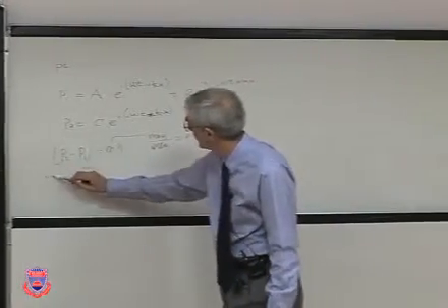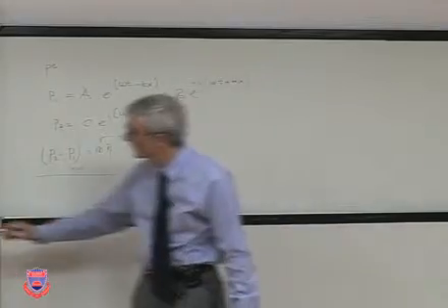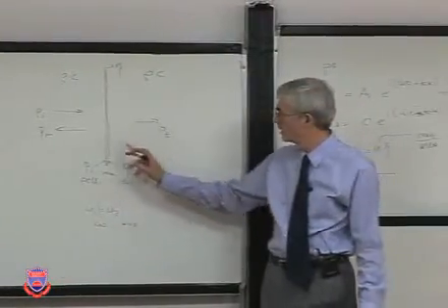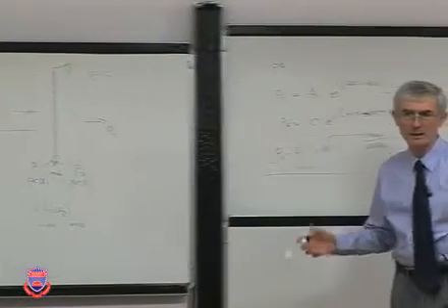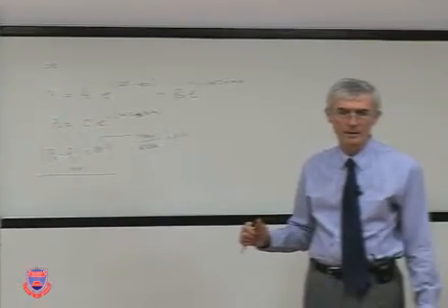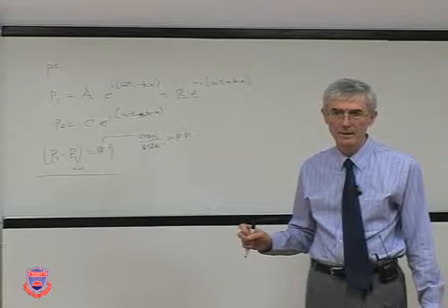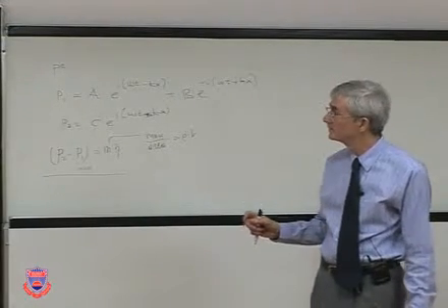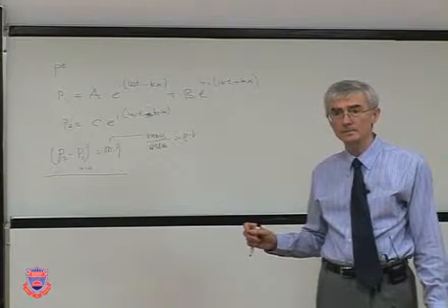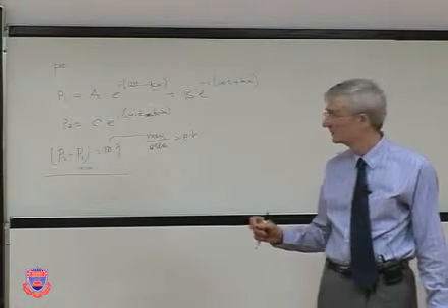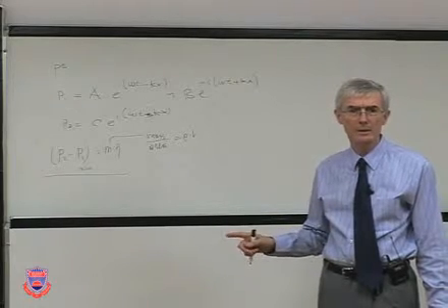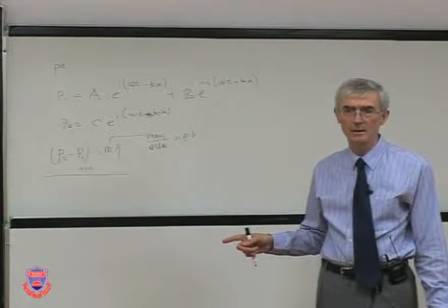Okay, so we have one relationship here, and then we said particle velocity must be the same on both sides. How does that help us? Why does it have to be the same on both sides?